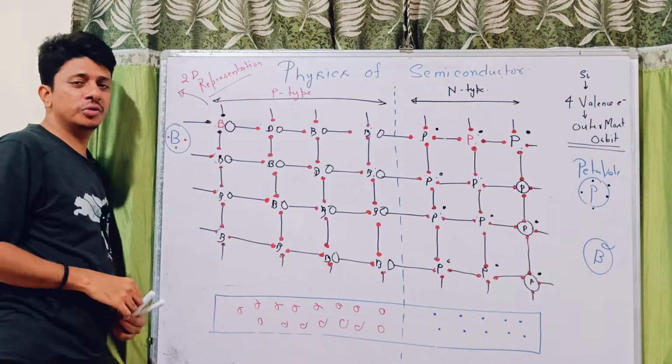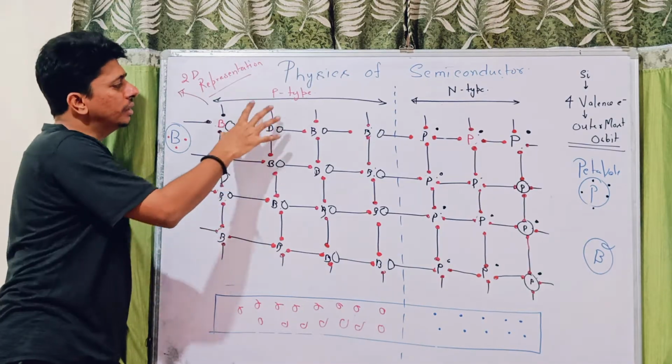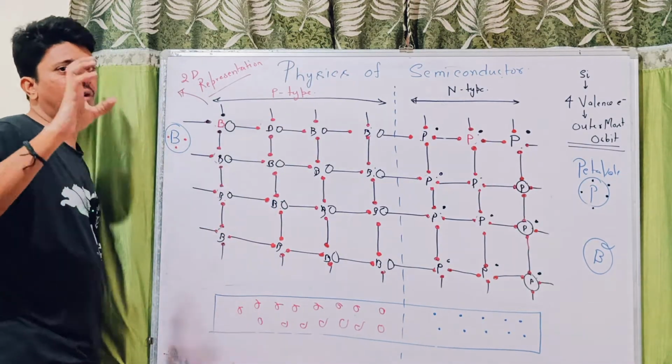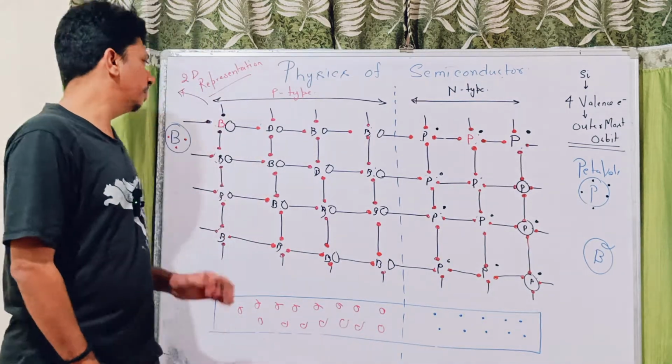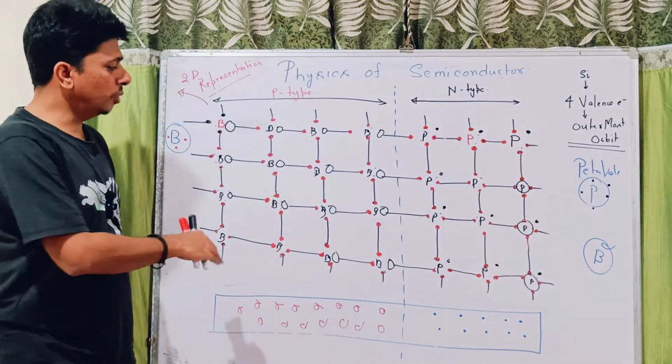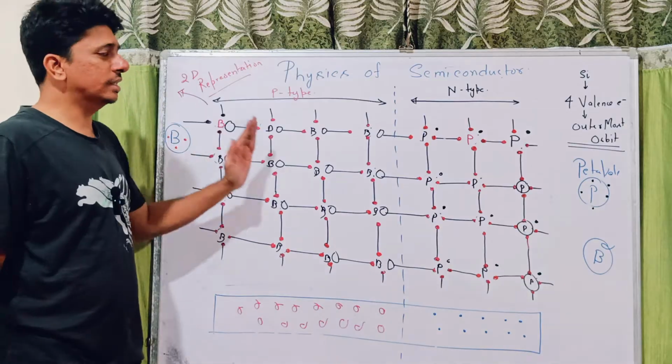P for positive. Why is it the p region? Because in this region lots of extra holes are present because of boron doping, or boron insertion.